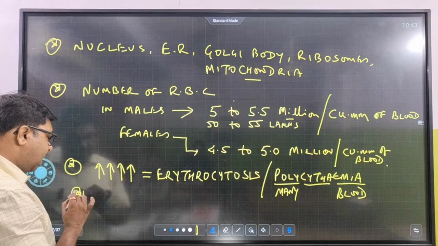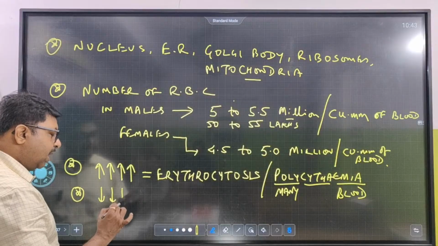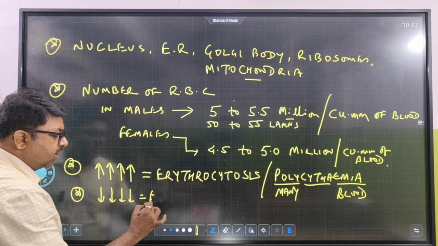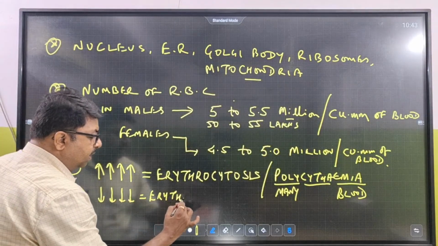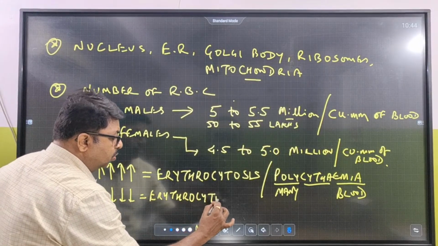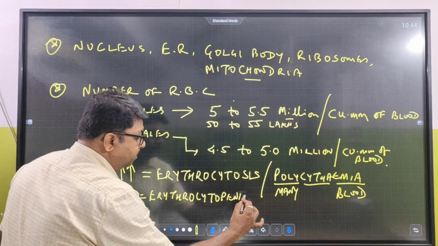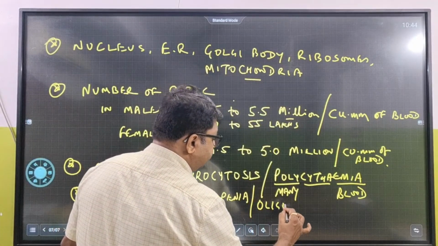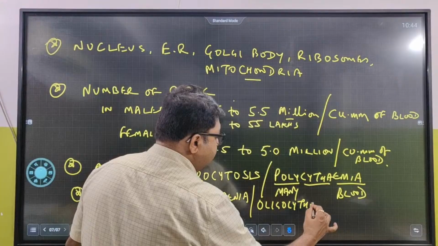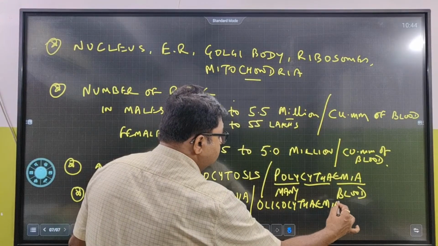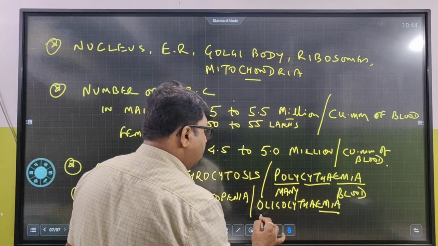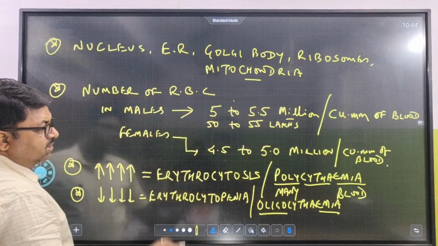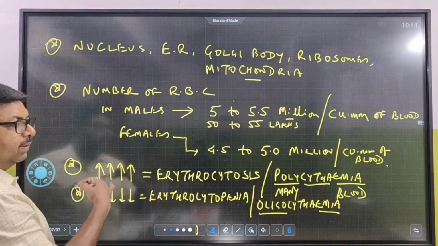Now, when the RBC count is reduced, the condition is called erythrocytopenia, which is also called oligocythemia. Oligo means fewer. Now, is this clear?